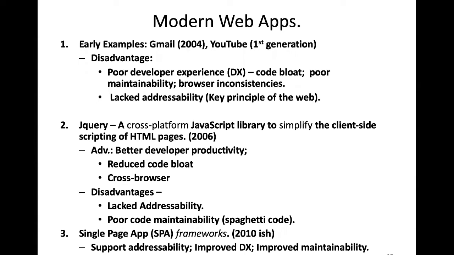And as a result of code bloat, the maintainability of the JavaScript code was very low, very poor. There was also an issue with browser inconsistency. So your JavaScript might work properly in one browser, but not in another browser. I'm also saying here that they lacked addressability.